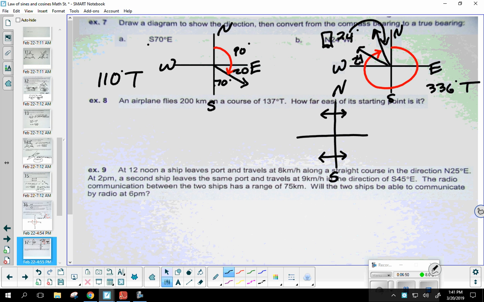So in that case, because it said north of west, that would be 30 degrees. So it's all in the way it's stated. But if it's given to you in this form, you always rotate off the positive or the negative y-axis first. All right, good, good, good.